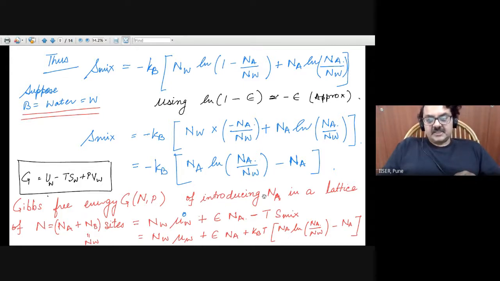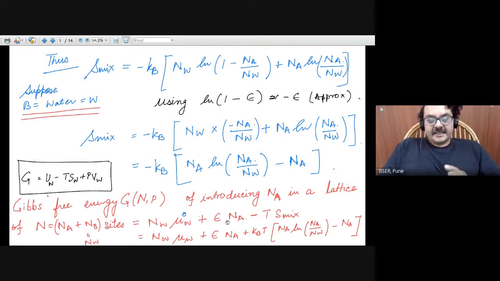So the Gibbs free energy of introducing Na particles in a lattice of N equal to Na plus Nb sites, B and water basically, is Nw, the number of water molecules, times the chemical potential if there were purely water molecules, the chemical potential of water molecules in sites.